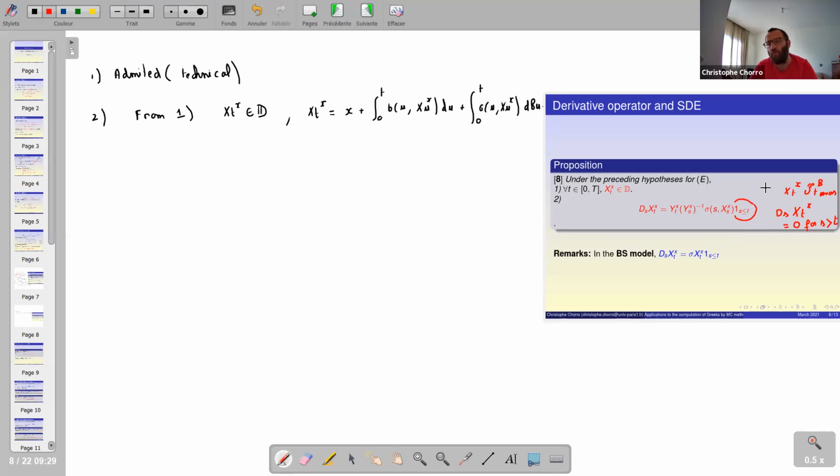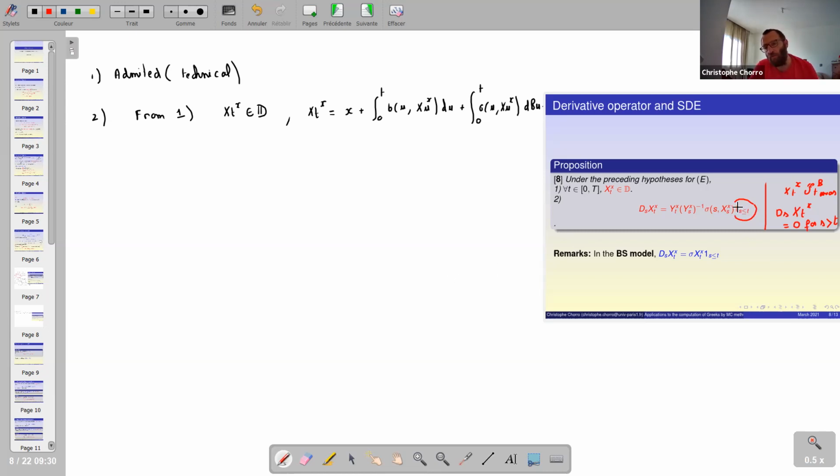So that's why, from this result that is known, knowing that the solution of my equation is adapted to the Brownian filtration, the value at time s of the derivative operator in the Malliavin sense is equal to 0 for s strictly greater than t, something that I have proved at the end of course number 4, if I remember. So that's why I have this indicator function here.